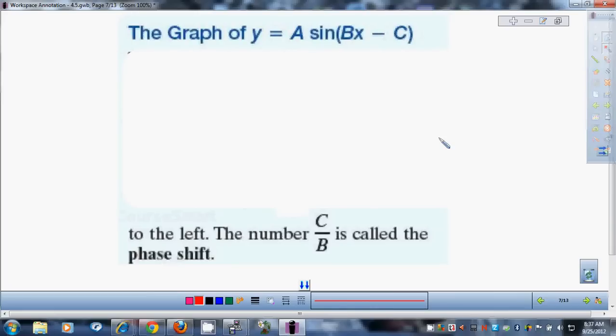Basically, that just means any sine or cosine function. It doesn't have to be x, it could be theta. You'll often see theta in there instead of x.